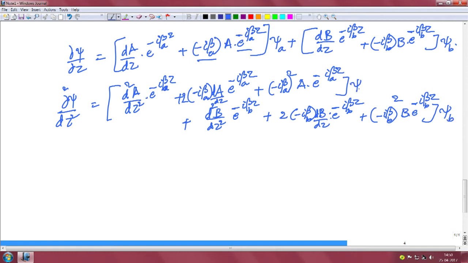Of course psi a has to be there here. So that is the expression for d psi by dz and d square psi by dz square.